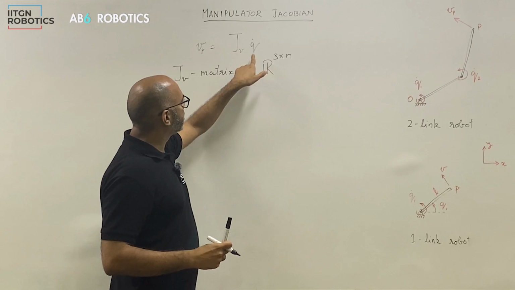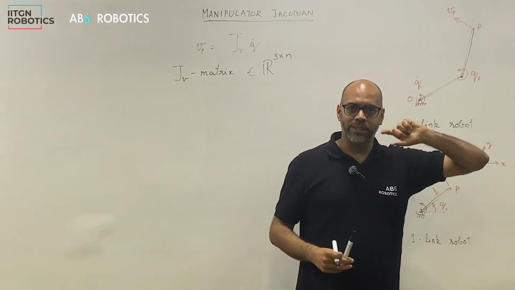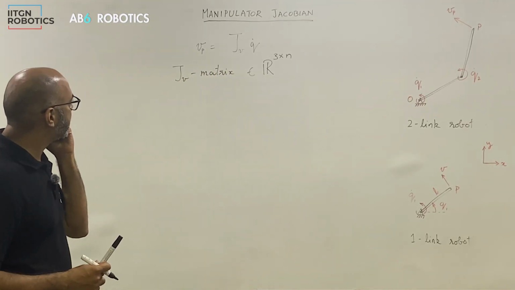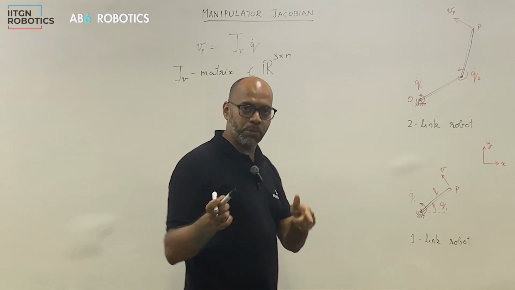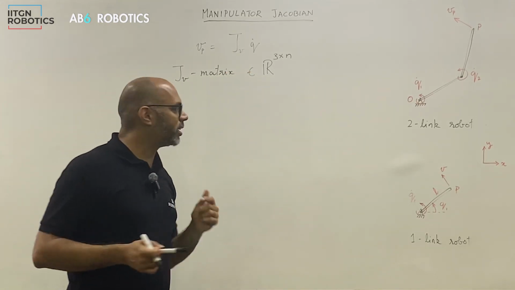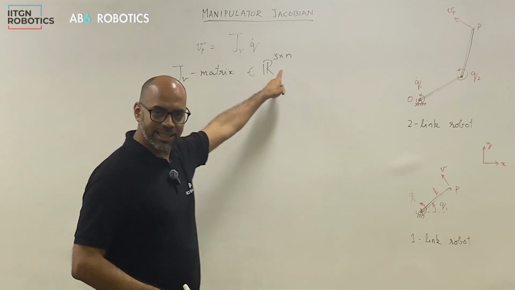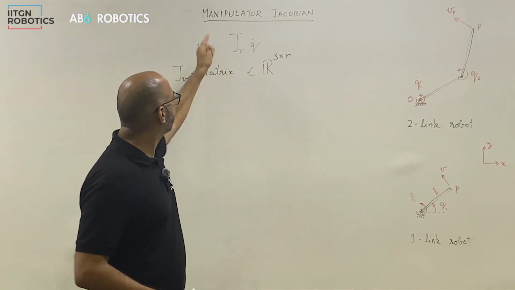And n because you have n degrees of freedom, so you will have n components of angular velocities. So this is one thing to note. And if you happen to be working with the ABB six robot, that has 3 degrees of freedom for positioning. So in that case, again, you will get 3 by 3, if you're talking about three-dimensional velocity.